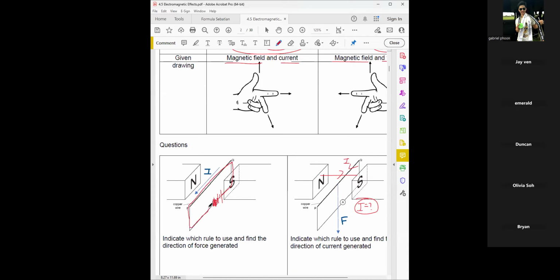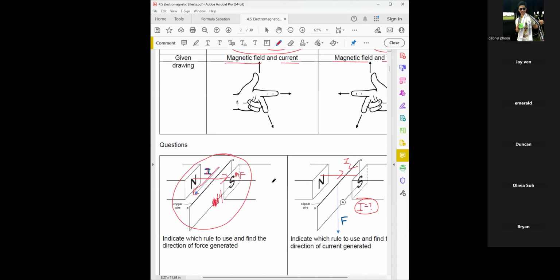If the current is flowing in this direction, right now I'm given two things already: once again the direction of the magnetic field, and once again the direction of current. And they'll ask you which direction the wire will be forced to. The wire will either move up or down.